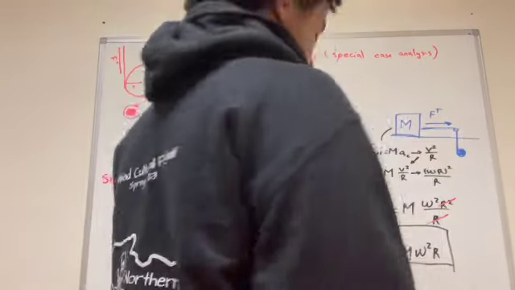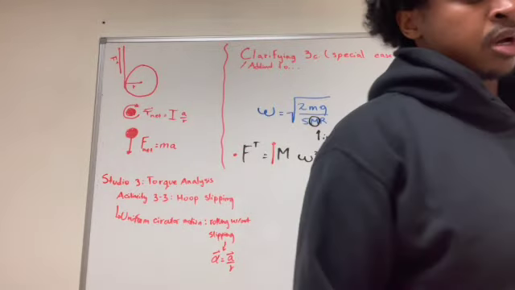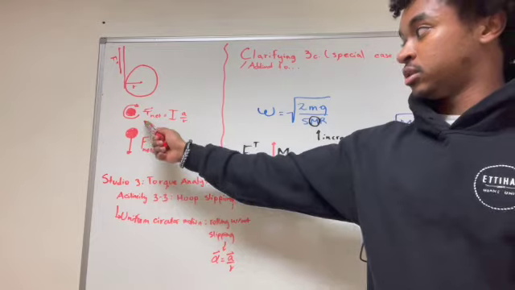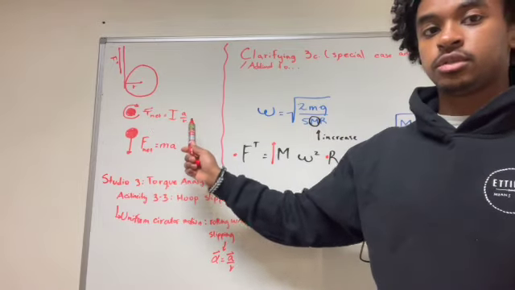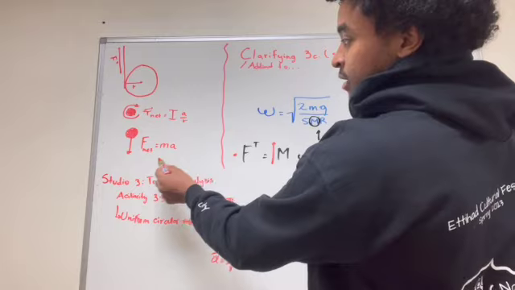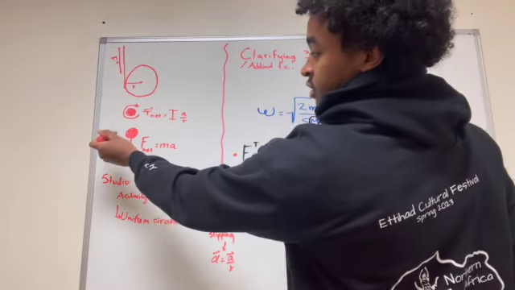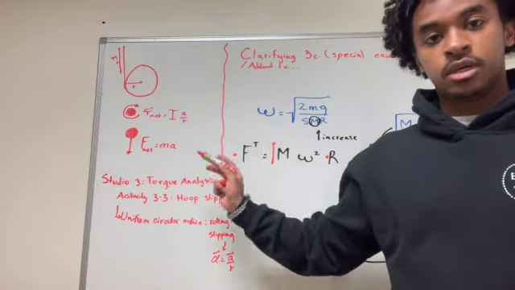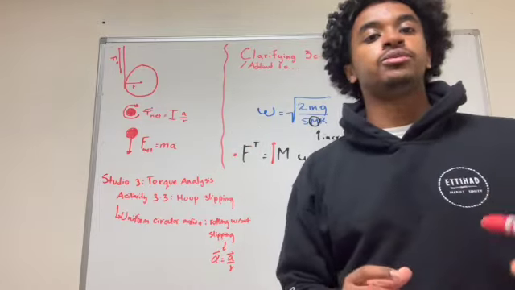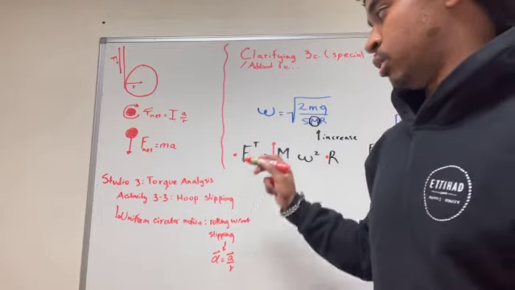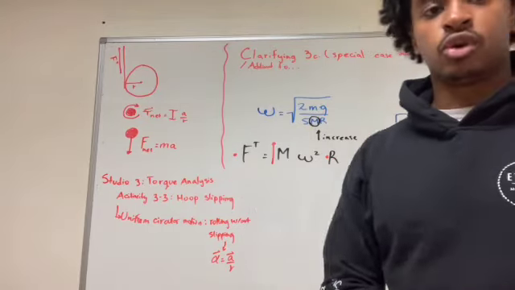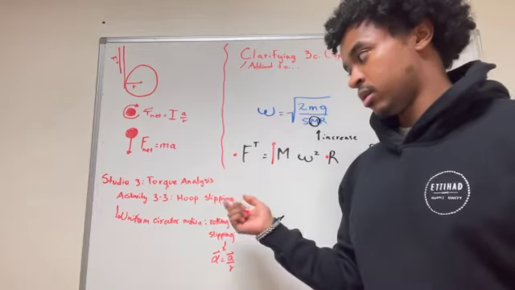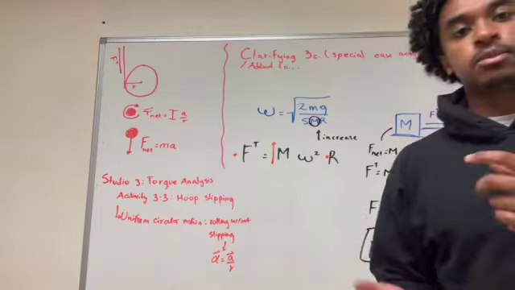For the portion where we used the torque of the ball's rotation to find the angular acceleration, and found a way to connect that to the F net equals ma of the translational motion of the ball, we were able to do that only because the ball was rotating in uniform circular motion, and we went over that on studio number 3 for torque analysis, and specifically on activity 3.3, which was the hoop slipping.